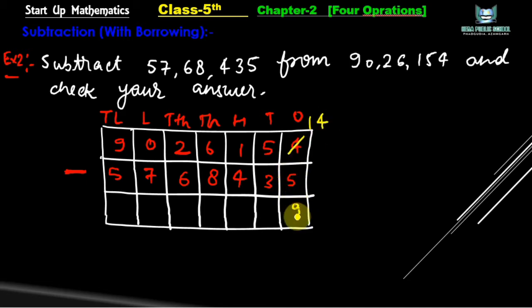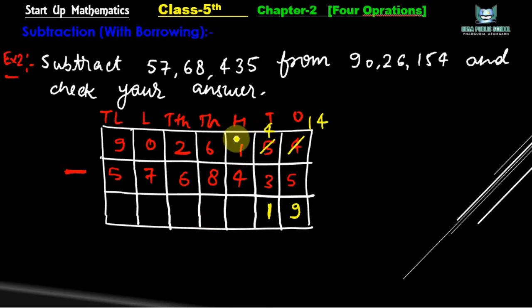Here we get 4 because 5 has already given 1 borrow to the ones place. 4 minus 3 is equal to 1. Now we move to the hundreds place.